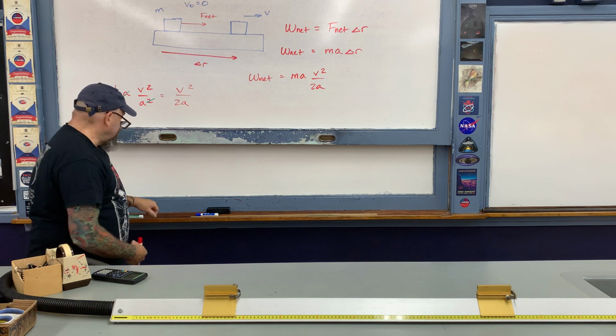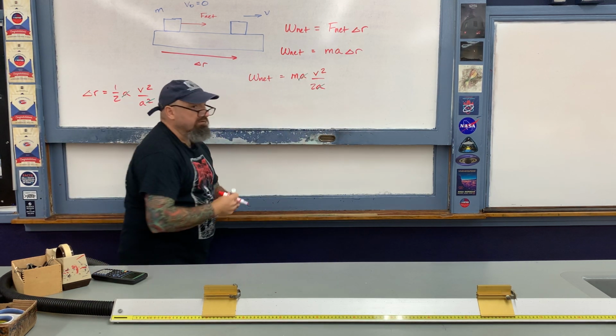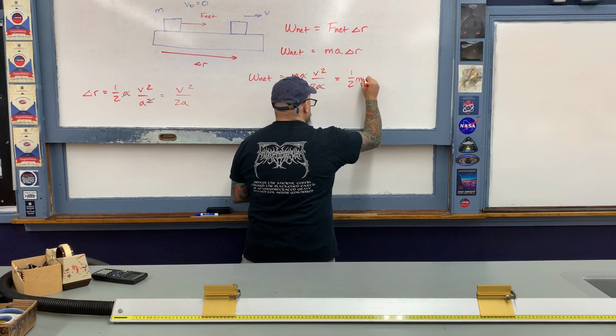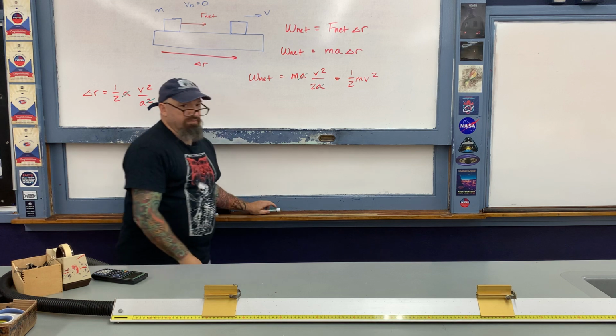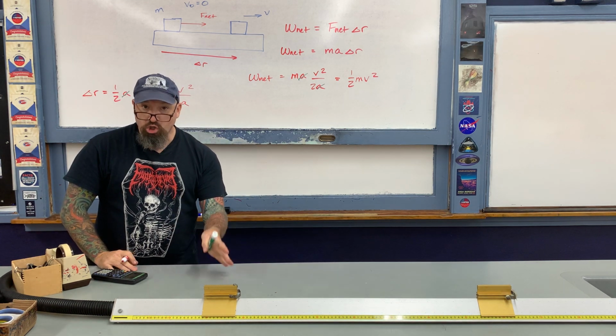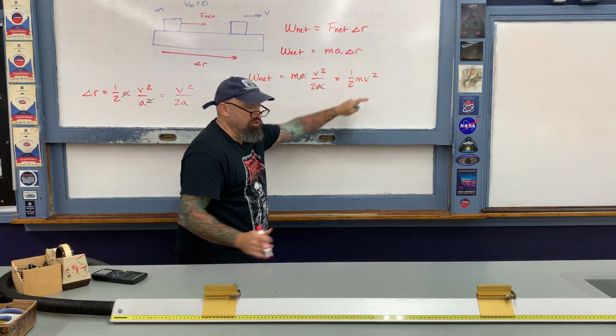Notice that the a's cancel out here and here, and if I rewrite what is left over, I end up with the following term, 1/2 mv squared. This new expression, 1/2 mv squared, is interpreted as kinetic energy, the energy associated with motion.